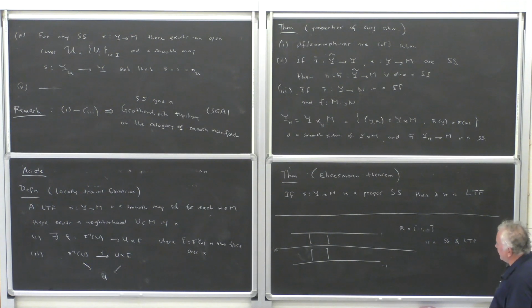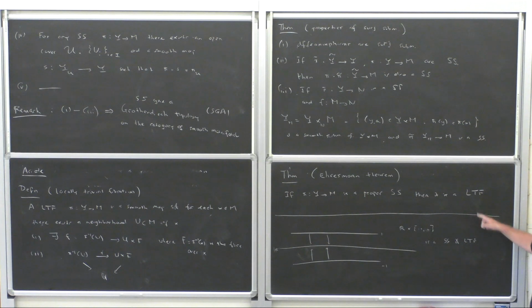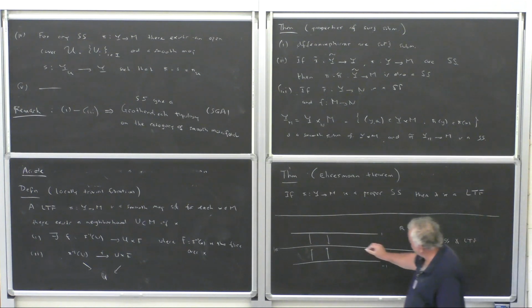I can easily modify this example to still have a surjective submersion but no longer a locally trivial fibration, and I do that by just omitting a point.